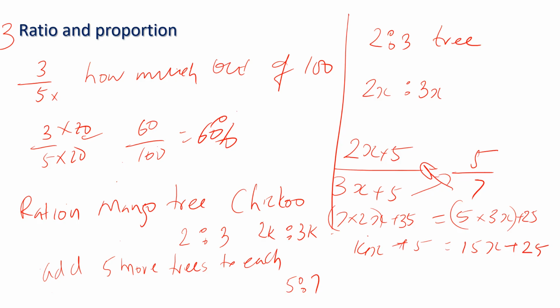Now we got 14x plus 35 is equal to 15x plus 25, where we can calculate x, which is equal to 10 in this case. Now, that means if the ratio is 2:3, it will be 20:30, because x is 10. This way we can solve the problem.